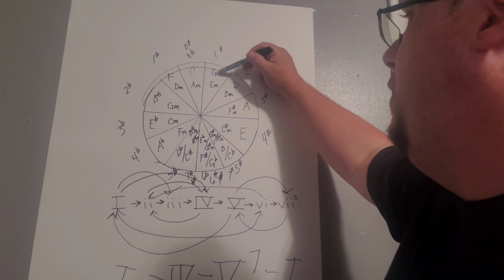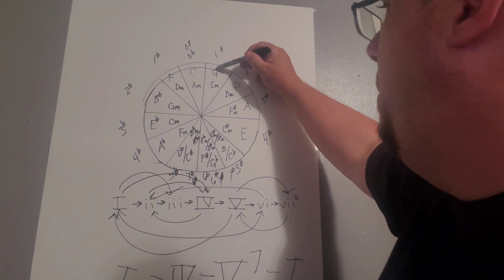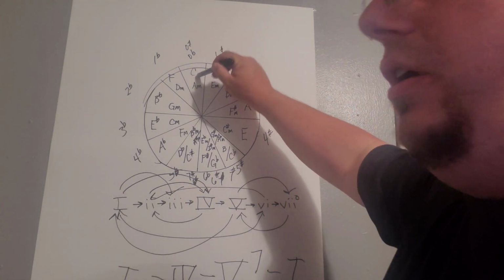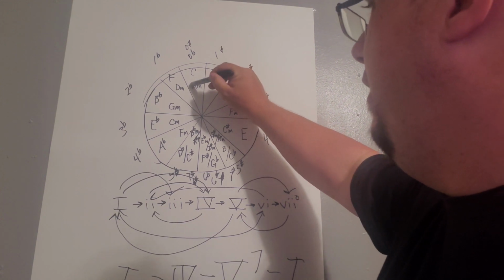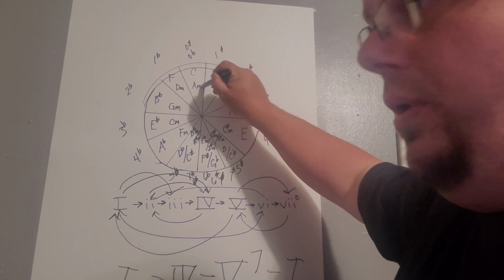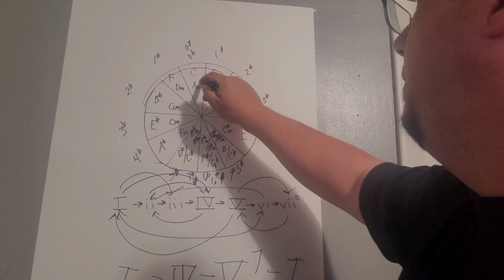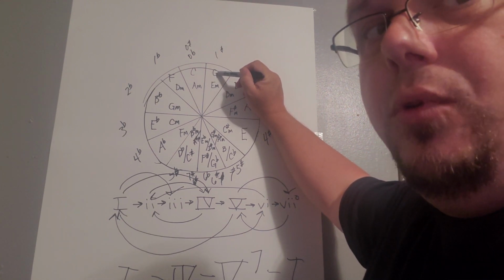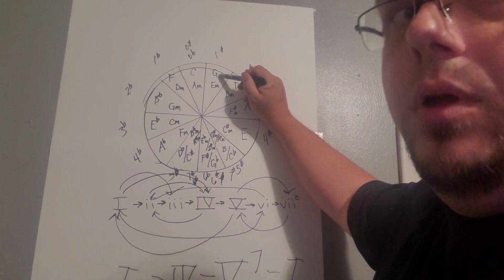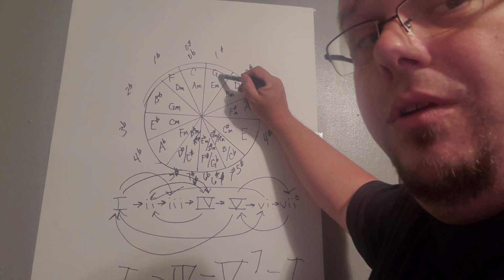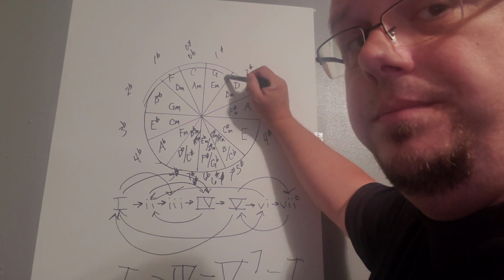From the 5, you have a few choices. You can go back to the 1, you can go back to the 6 if you want to keep things going, or if you want to create a bridge, the relative minor to G major is E minor.